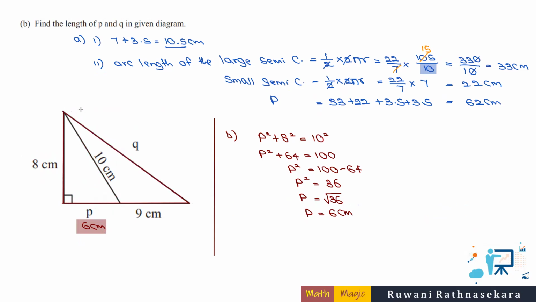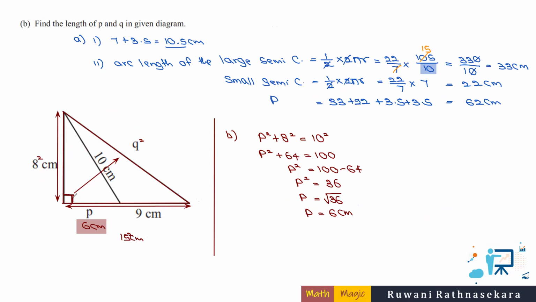In the largest right angle triangle, the sides including the right angle are 8 centimeters and P plus 9, which is 6 plus 9, it's 15 centimeters. Right? Then the side which is opposite to the right angle is Q. Therefore, this time we square 8, 15 and Q.